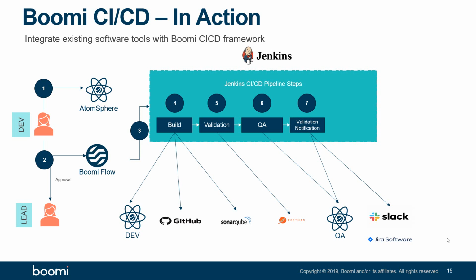A QA tester can test the code and initiate promotion via Slack and a ticketing system like Jira. The pipeline can automatically then be promoted into production based on the status of the Jira ticket.